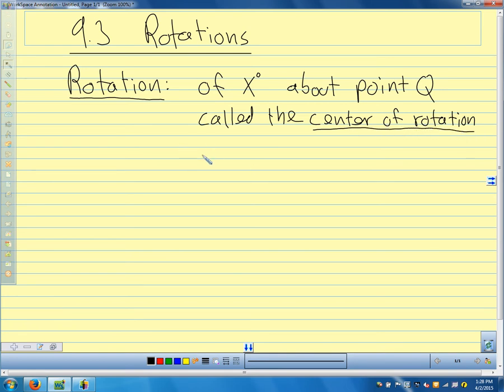It is a rigid transformation. So rotation doesn't change the size or the shape of our object. It just moves it around. Where a couple of things happen, just like with reflections.